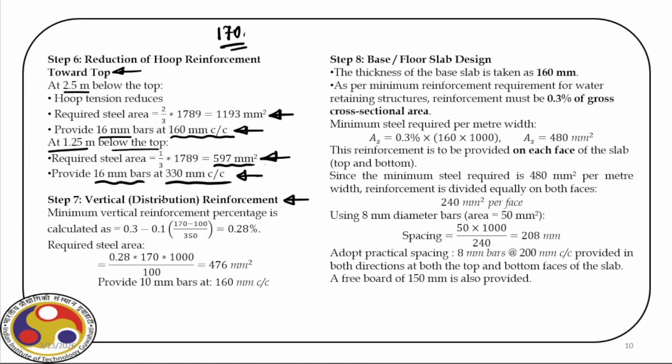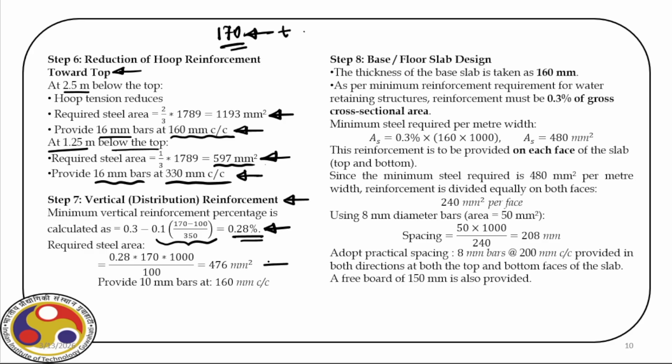For our case, we have 170 millimeter thick wall. So what we do, we reduce that gradually, and ultimately because of this thickness, we get the minimum percentage of steel is 0.28. So 0.28% of steel we have to provide as the vertical distribution reinforcement.